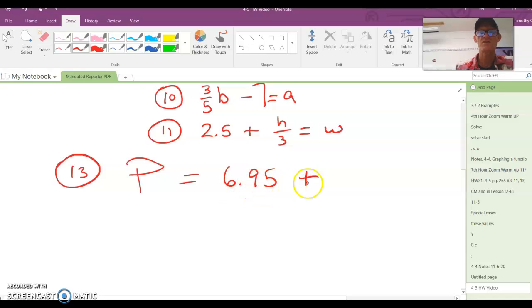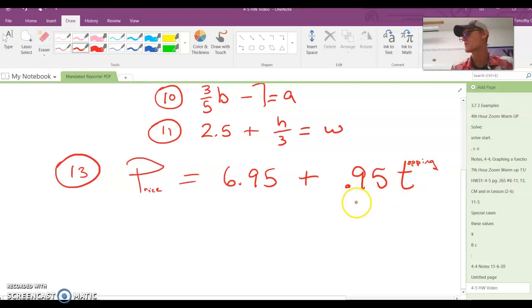Plus, that's the cost of the pizza, plus 0.95 times T for topping. So price and topping. You're multiplying 95 cents per topping. So that's the rule. P equals 6.95 plus 0.95 times T. All right. That was 13.